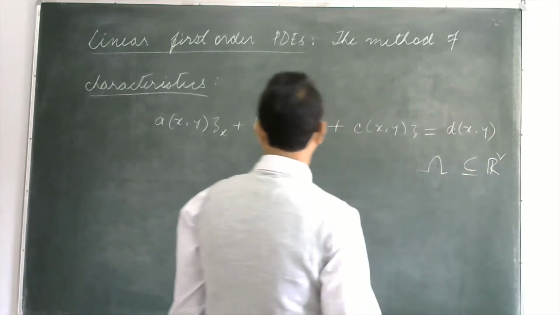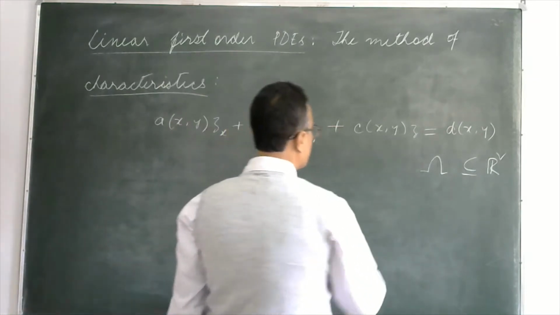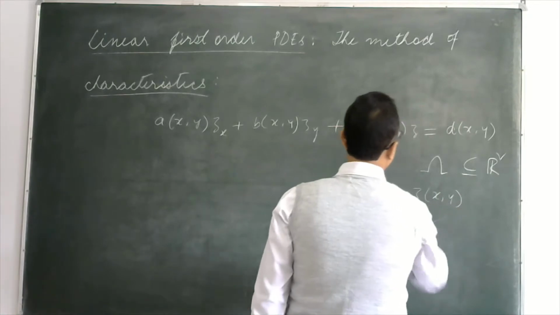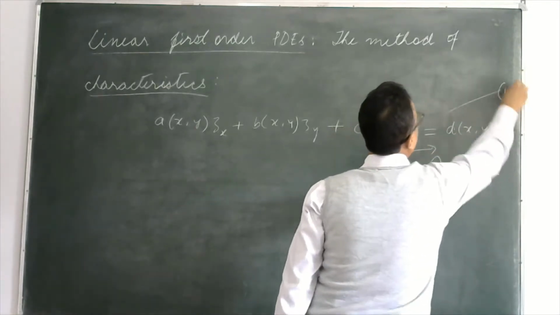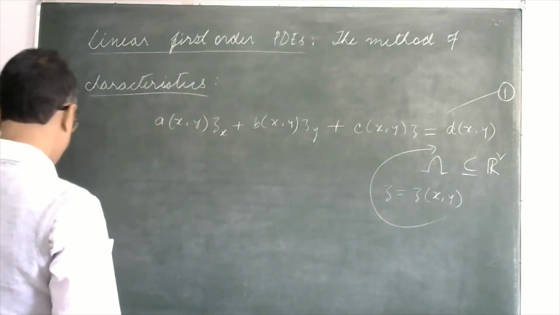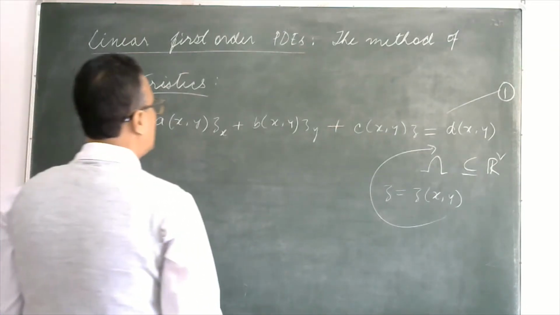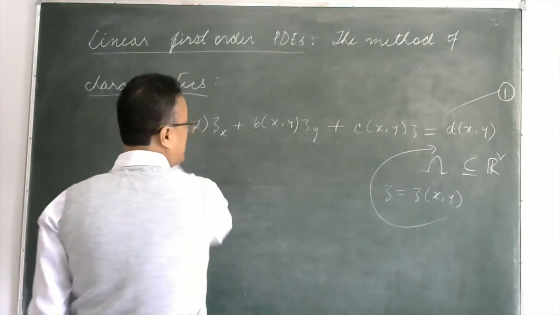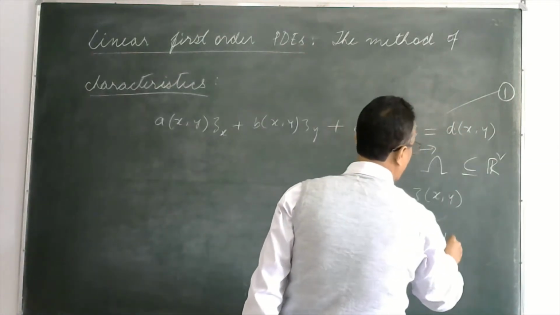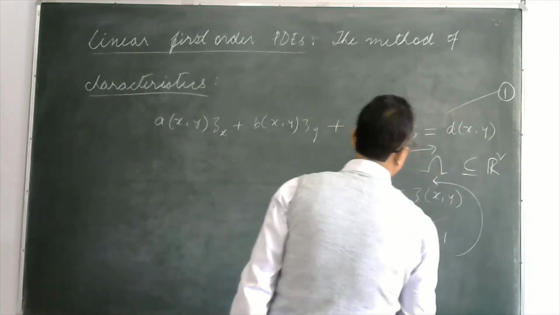You already know it, and of course, we are seeking a solution u equal to u(x,y) of this equation. Call this equation 1. Again, I am assuming that a, b, c, d are C1 in Omega.